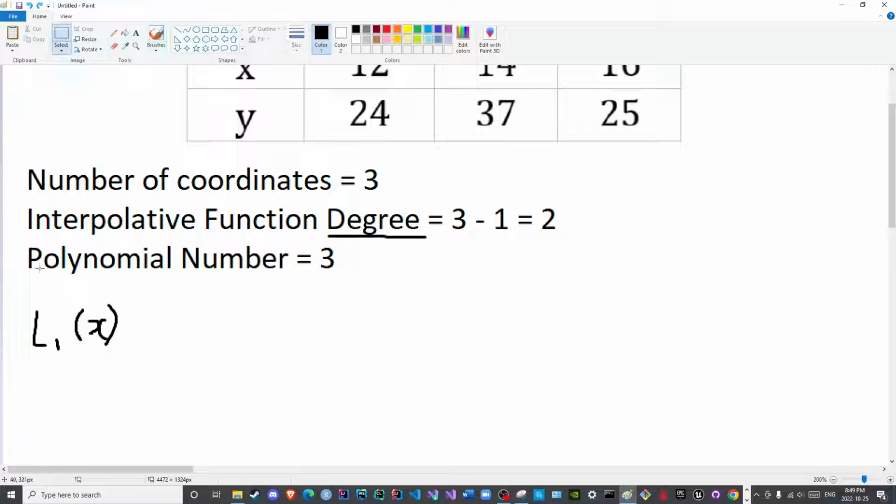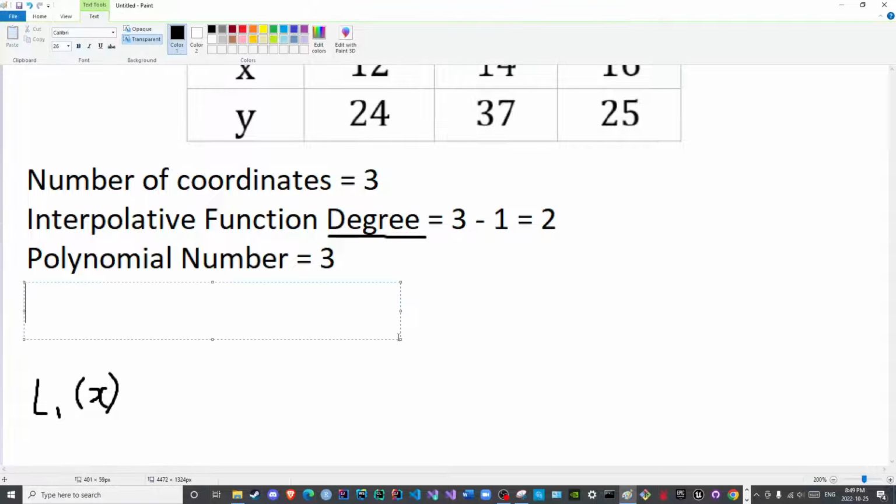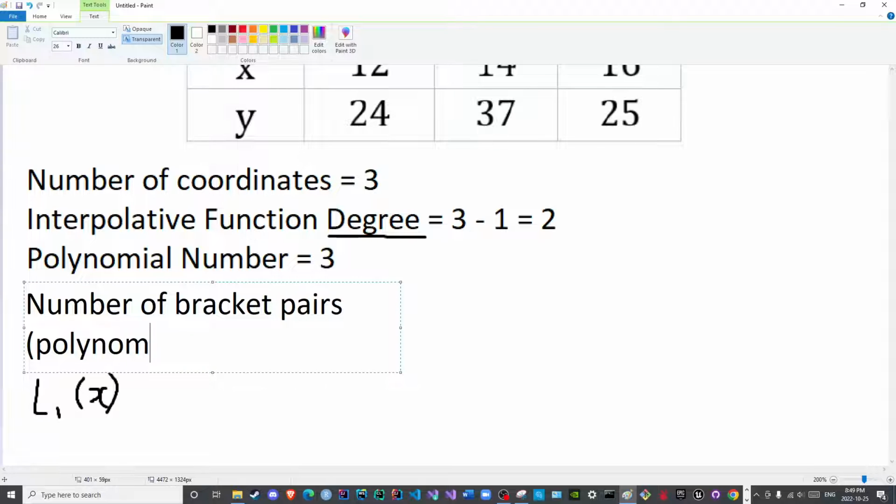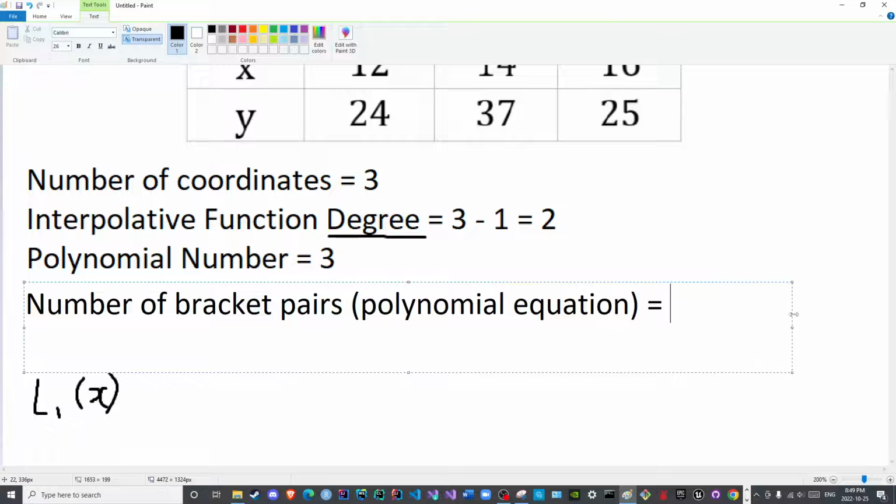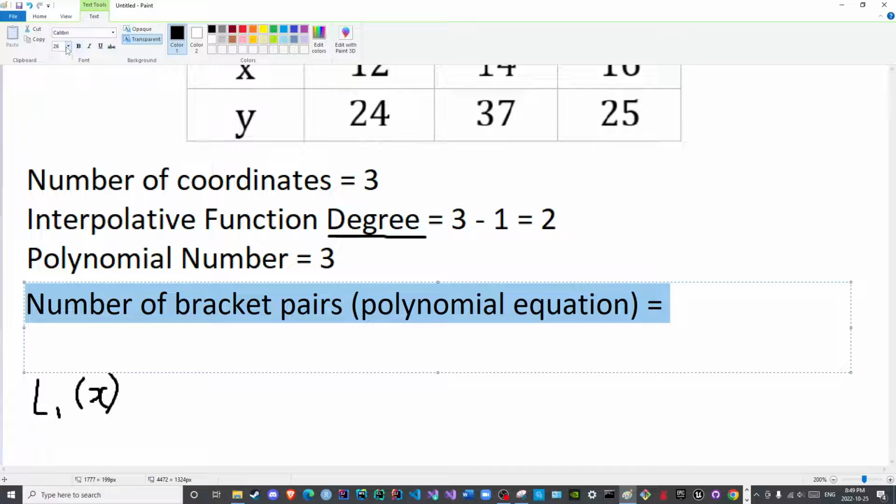The number of bracket pairs, that is of course for the polynomial equation, is equal to the number of degrees. I probably have to shrink this a bit so it fits.